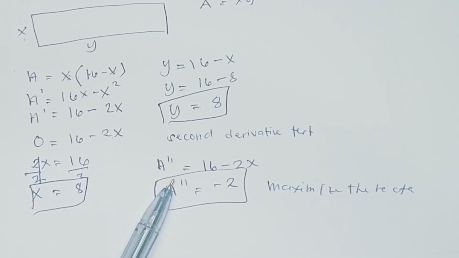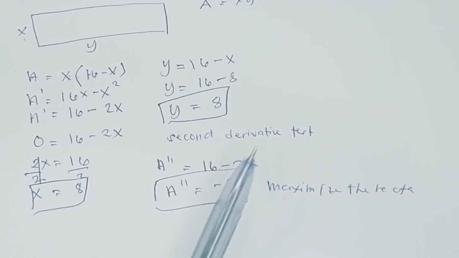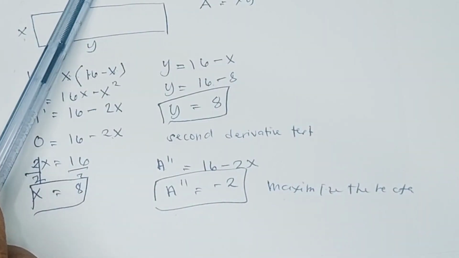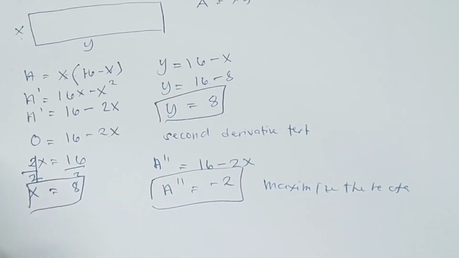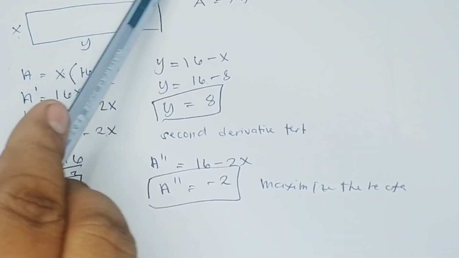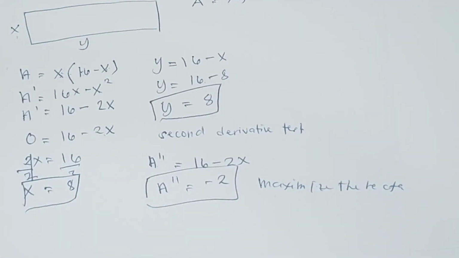Applied to the problem that we have, a wire of 32 feet long has to be formed into a rectangle. What dimension should the rectangle have to maximize? The rectangle should have an 8 by 8 dimension to maximize, so it would form a square.